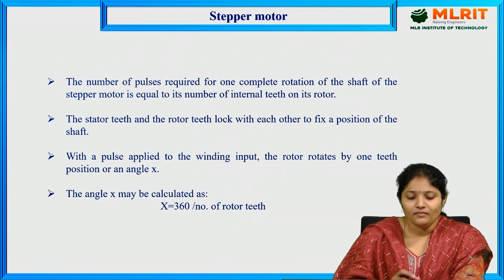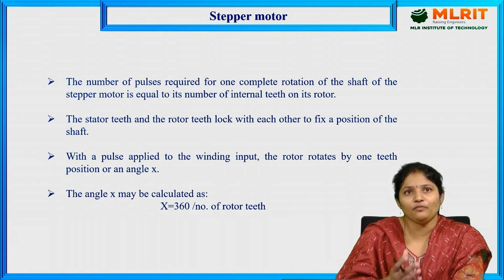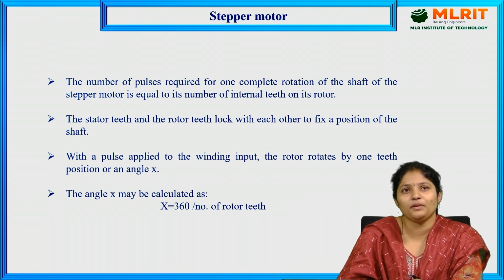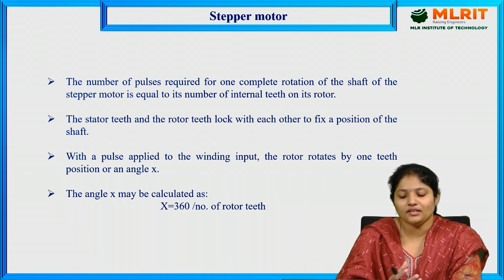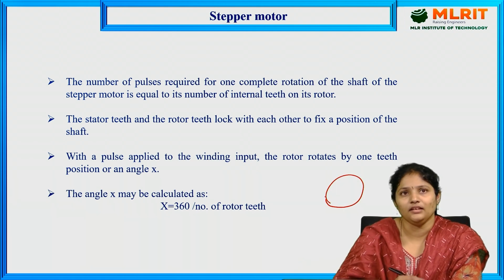So how can we apply the pulses? The number of pulses required for one complete rotation of a stepper motor depends upon the rotor teeth of the stepper motor. Suppose we want to complete one rotation of 360 degrees, how many pulses are required to rotate the stepper motor? It totally depends upon the internal teeth of the rotor.